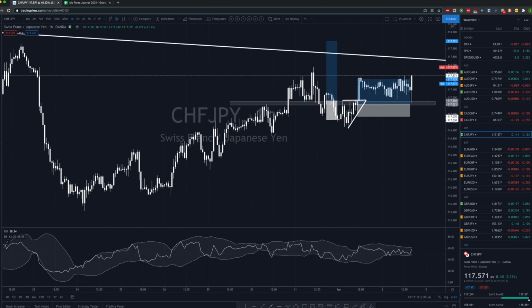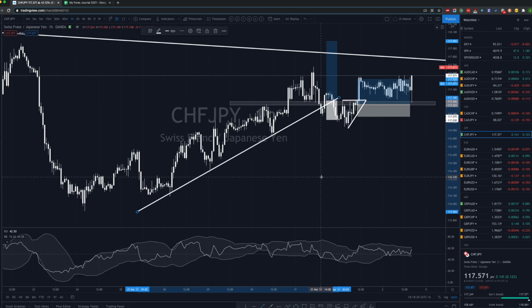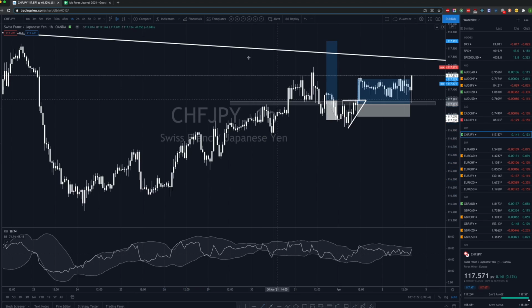So we had this minor 1 hour uptrend structure happening just here, right? So I looked at this trading level right here, kind of these highs just here in combination with this kind of support just here.